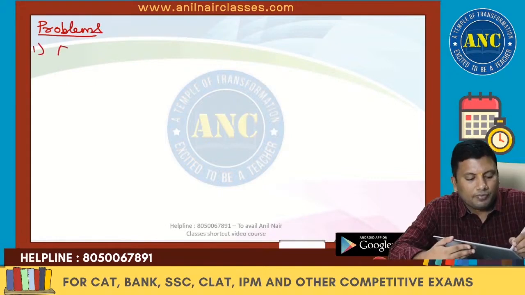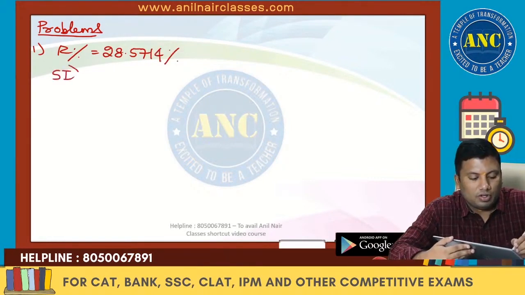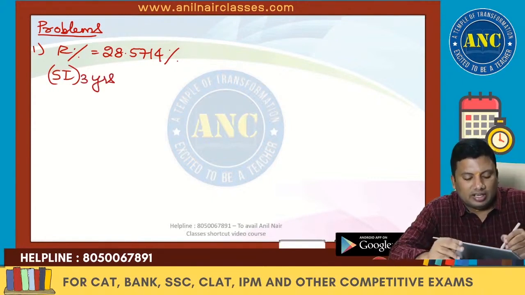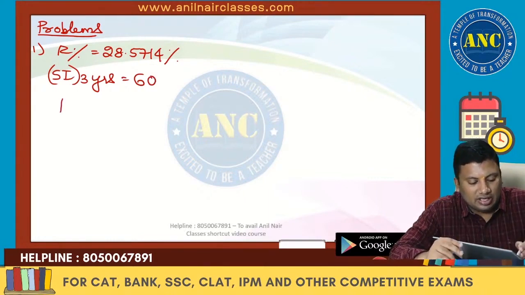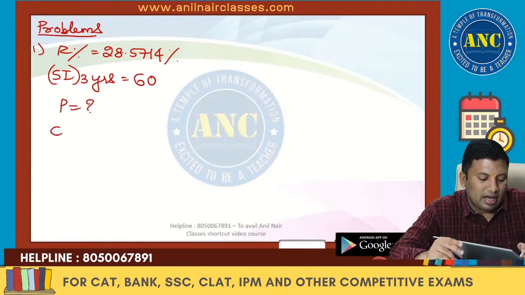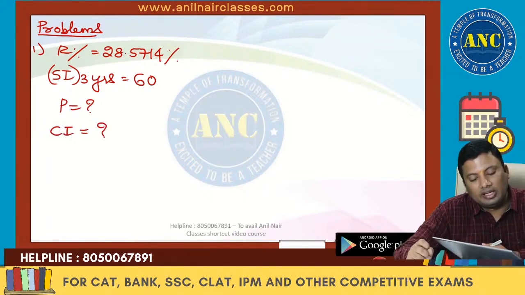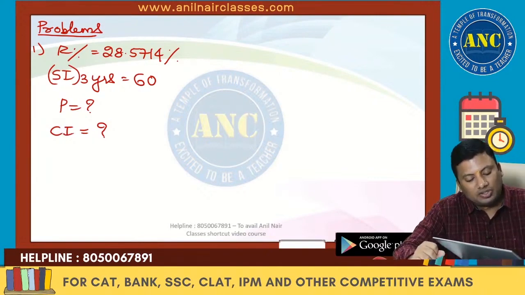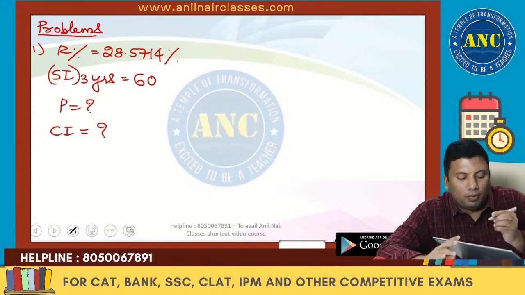First one: R percentage is 28.5714 percent. Simple interest for 3 years is 60. Find the principal and find the compound interest.